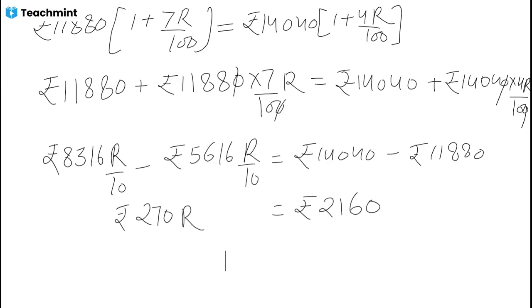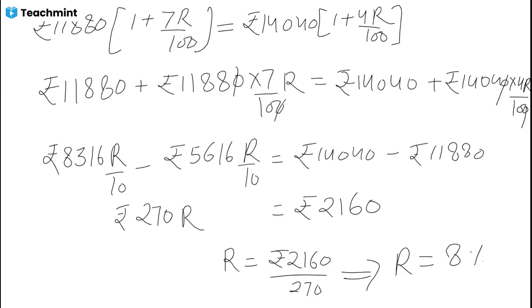So r will be 2160 over 270. So 2160 divided by 270 gives 8. r is equal to 8% per annum.